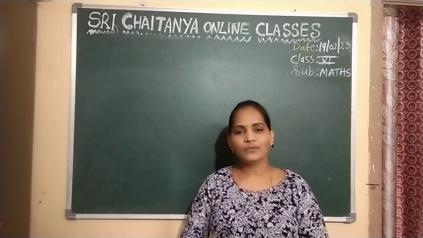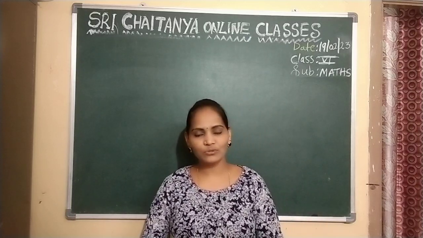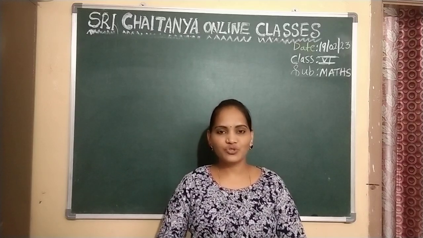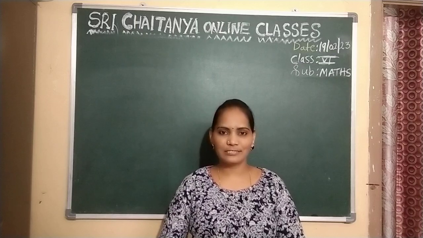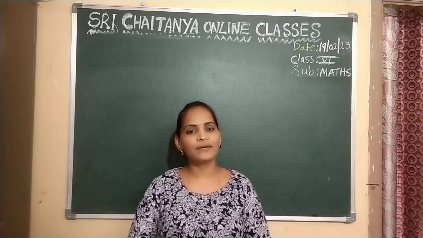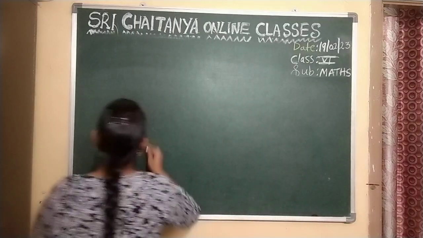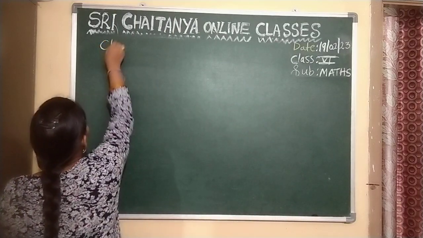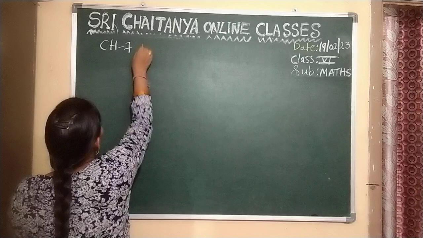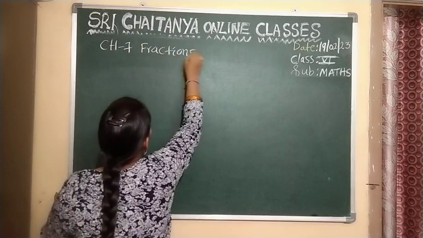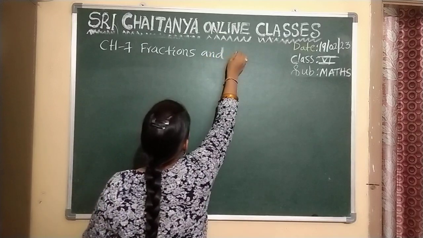Now in this video I am going to explain the chapter fractions and decimals. That is chapter number 7 of 6th class maths, state syllabus. Chapter 7, fractions and decimals.